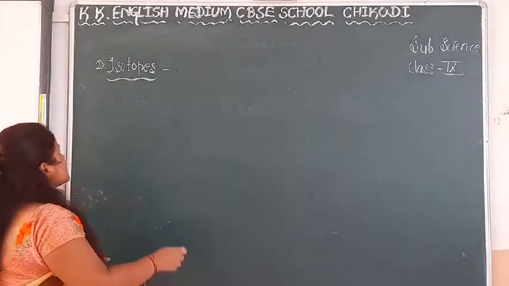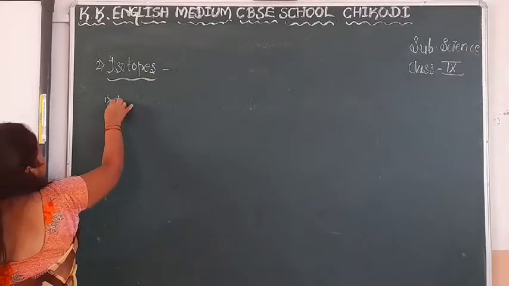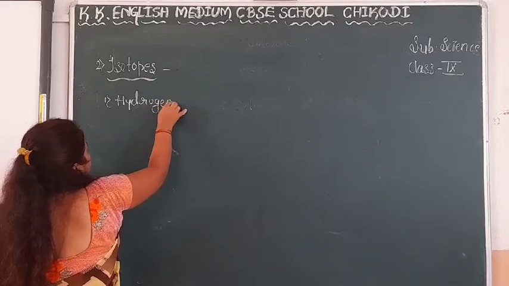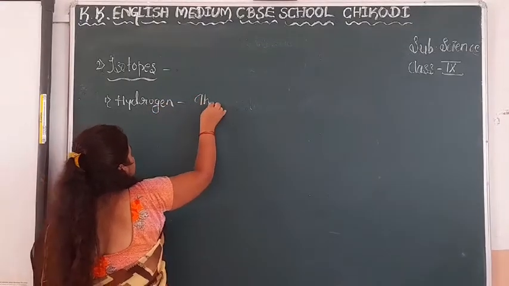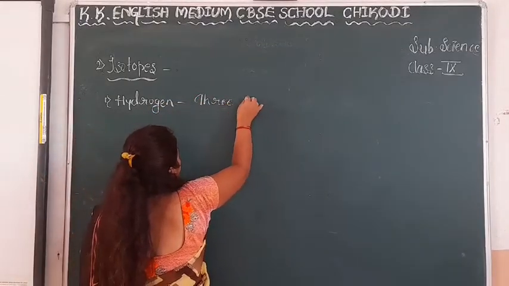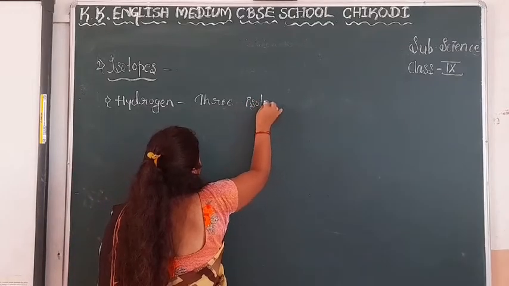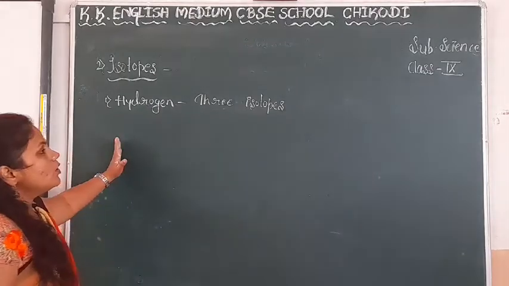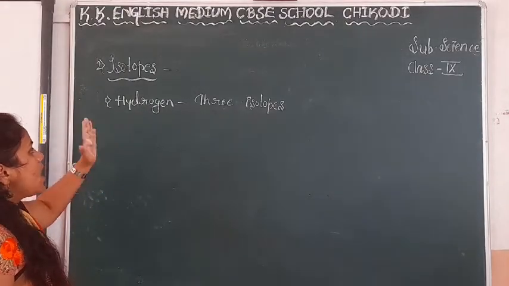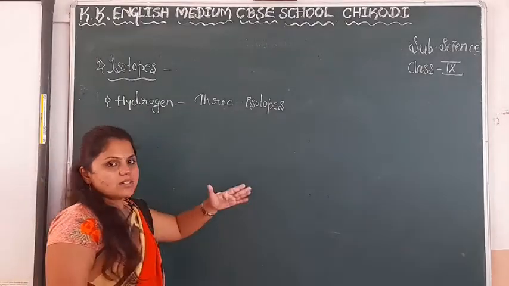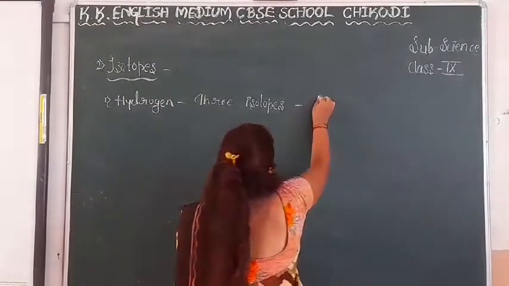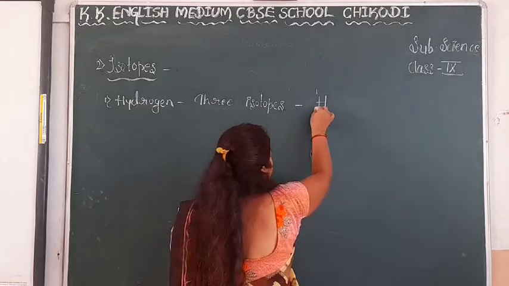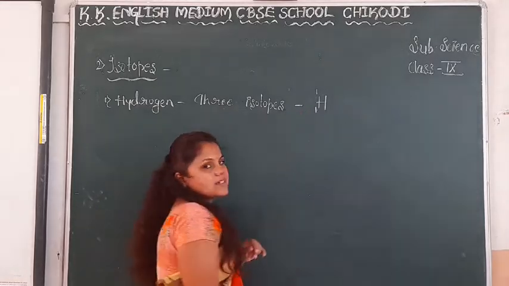So dear students, first we are going to talk about the hydrogen. It has totally 3 isotopes. Okay. So if you want to represent this hydrogen with atomic number and mass number, how are you going to represent hydrogen having 1 atomic number and 1 mass number?